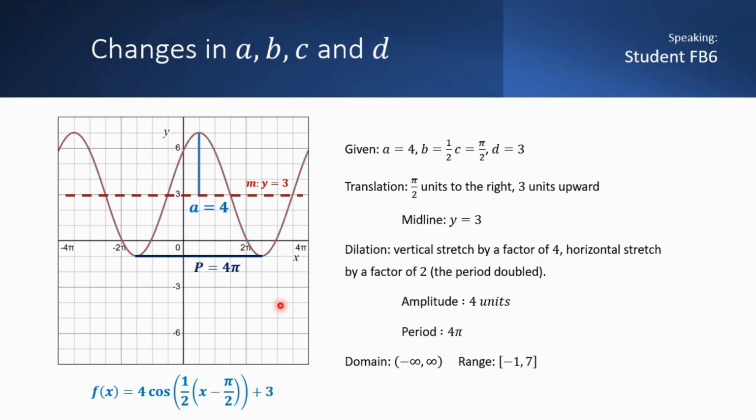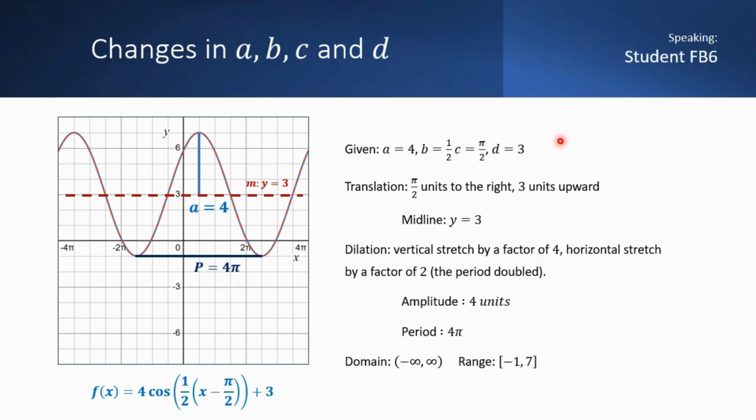There is a vertical stretch by a factor of 4 and a horizontal stretch by a factor of 2 because the period doubled. Therefore, the amplitude must be 4 units, and the period must be 4 pi, the distance between the two corresponding points, such as the crest or the minimum points here.